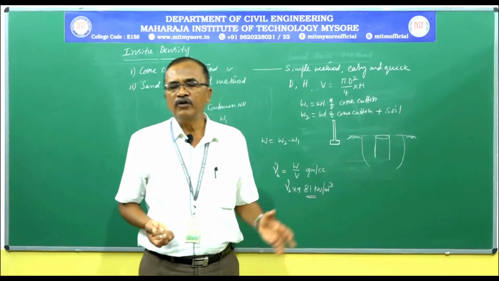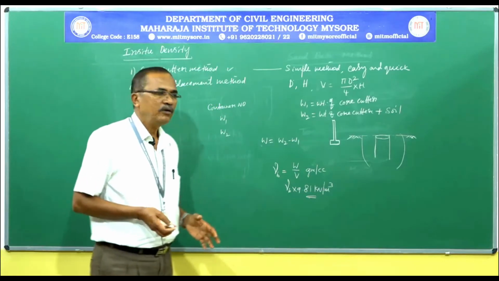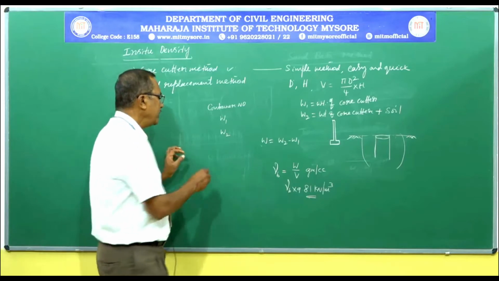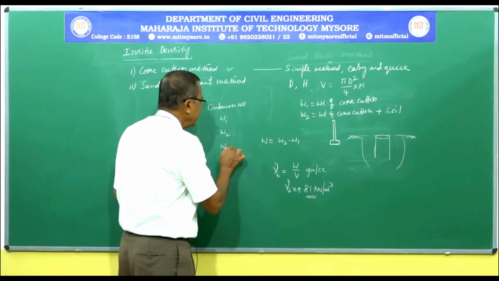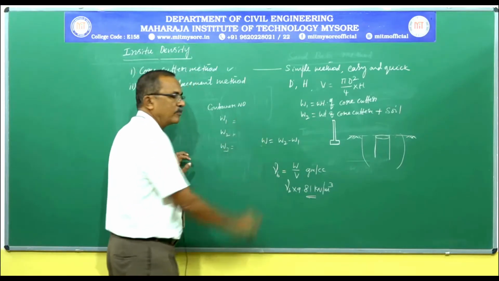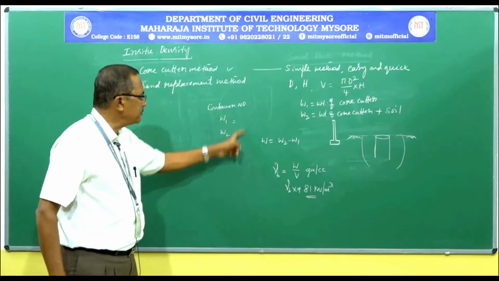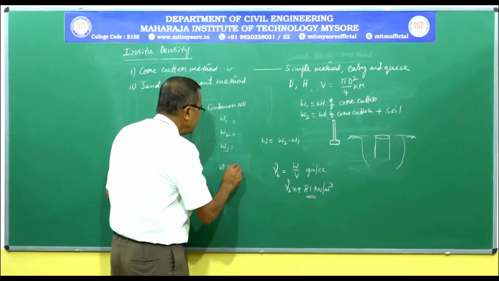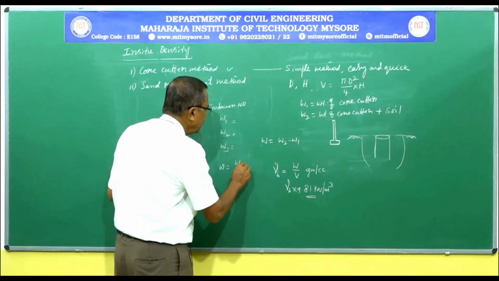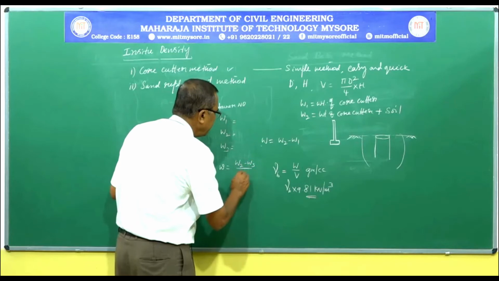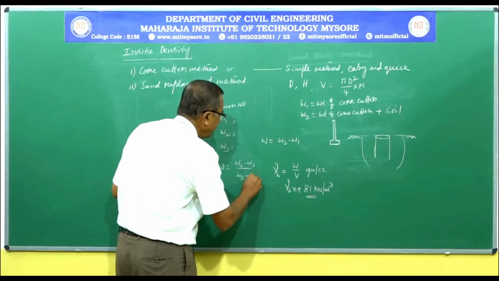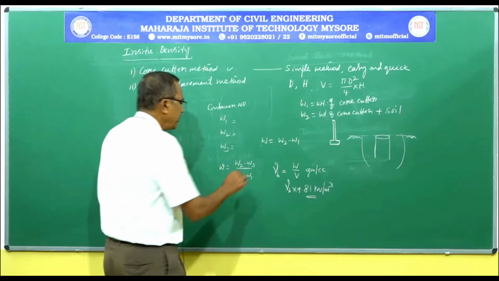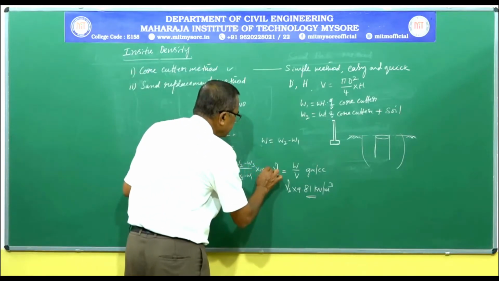Keep it for 24 hours. After 24 hours, take out the dried soil and note down the weight of the dry soil and cup, that is W3. Using these three observations, we can determine water content. W is equal to W2 minus W3 divided by W3 minus W1, that is the weight of water divided by the weight of dry soil, multiplied by 100.